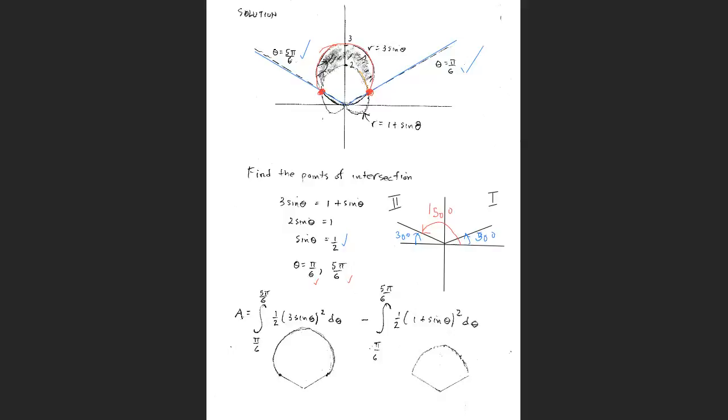It starts at pi over 6 and ends at 5 pi over 6. So this time, to get the area, you're going to have to do a subtraction. You're going to have to take this area here and subtract this area to get the area that's shaded above.